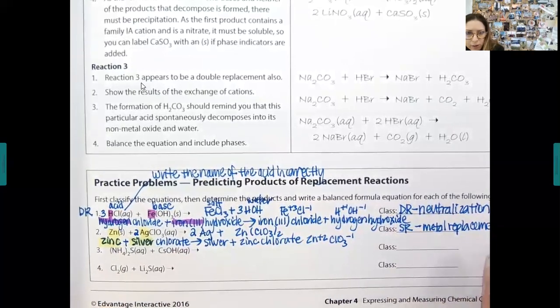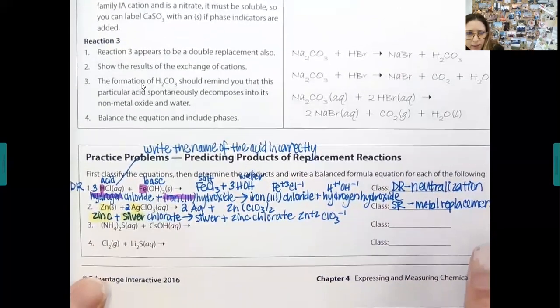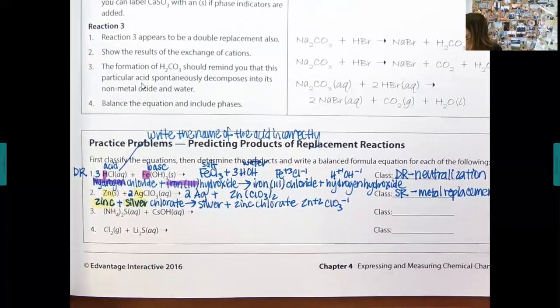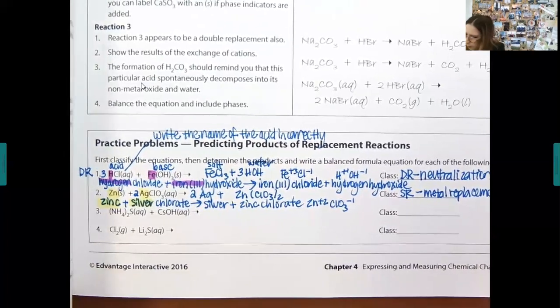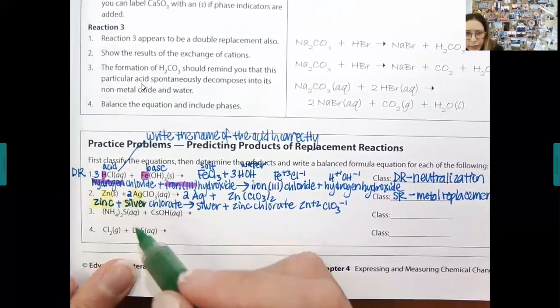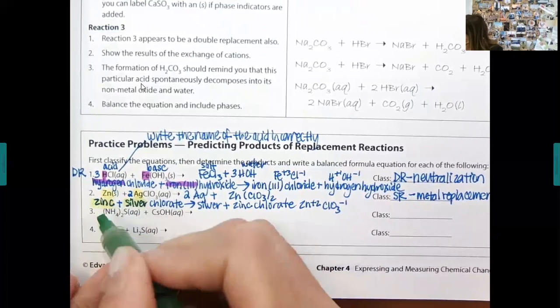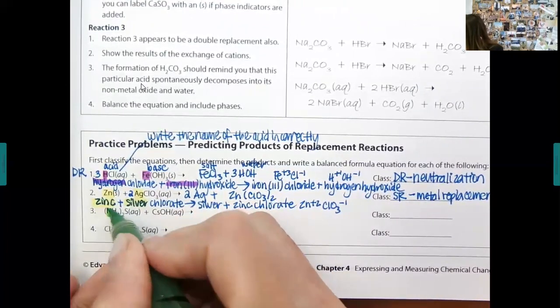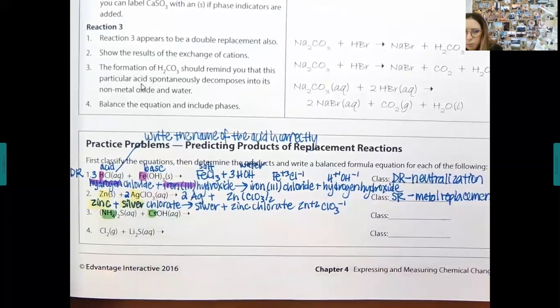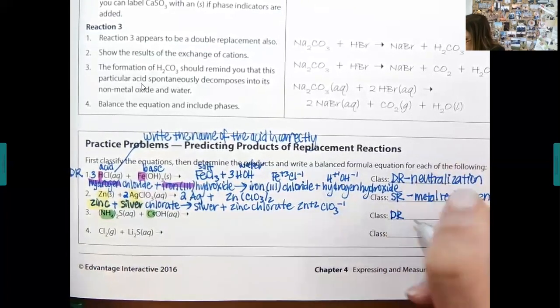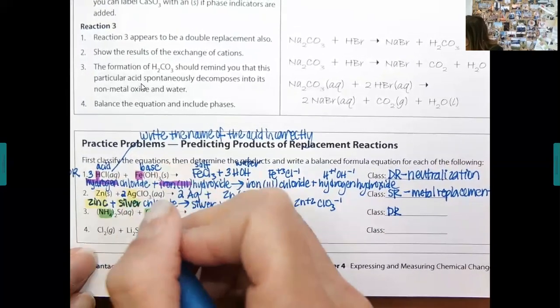Okay, now let's take a look at number 3. For number 3, we've got ammonium sulfide and cesium hydroxide. Those are 2 compounds. That means this is a double replacement reaction. So I'm going to write this in words.